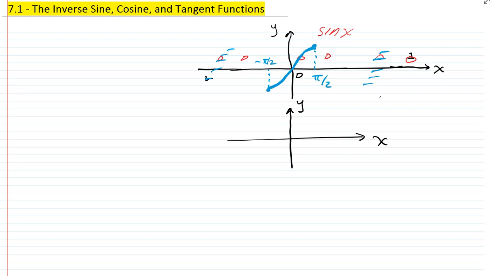Now, the other thing I want to mention here is the following. If we think in terms of a functional relationship between x and y, I'm going to use this function machine to try to clarify what it is exactly that we accomplish with the inverse trig functions.